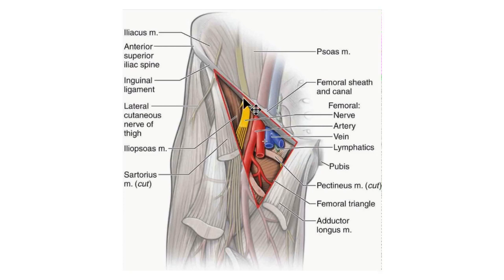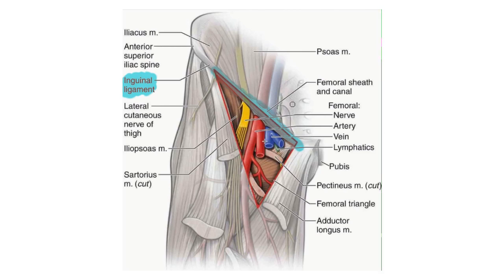The superior boundary of the femoral triangle is formed by a tendon, a ligament known as the inguinal ligament. So the superior boundary is formed by the inguinal ligament. What is this inguinal ligament? There is actually a muscle inside our abdominal wall, which is known as external oblique.